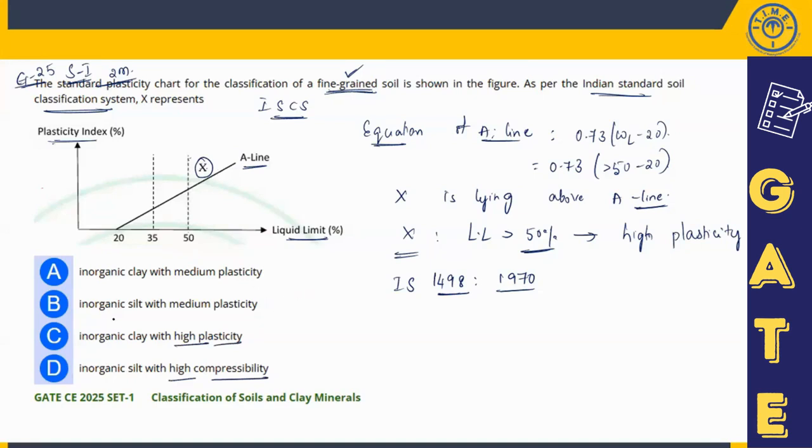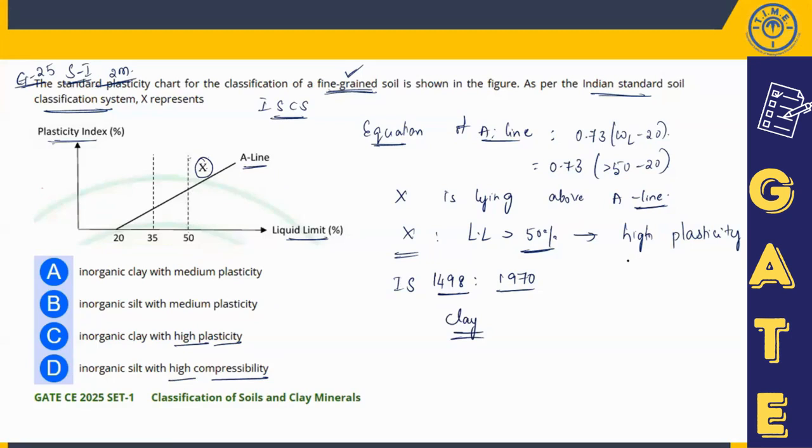Now we need to confirm whether it is clay or silt. Listen, my dear students, soil lying above the A line we call clay. Soil lying below the A line we call silt. Here soil X as per the diagram is lying above the A line, therefore we call it clay soil.